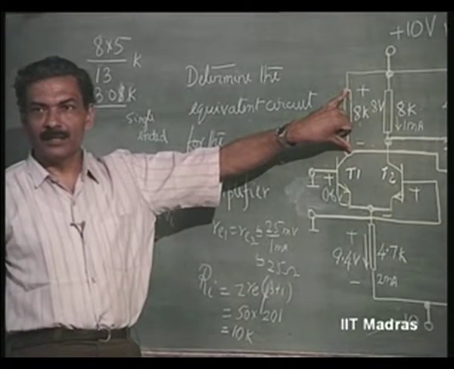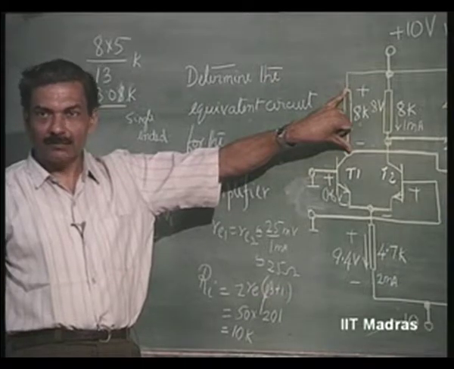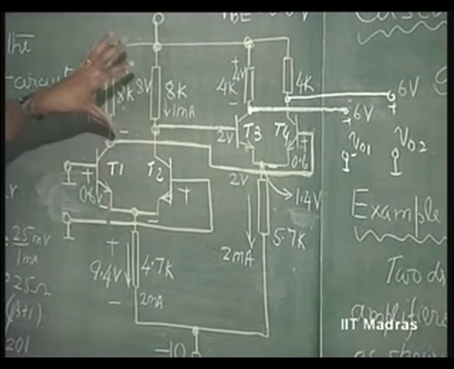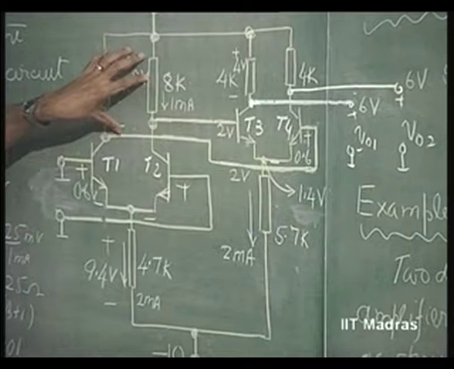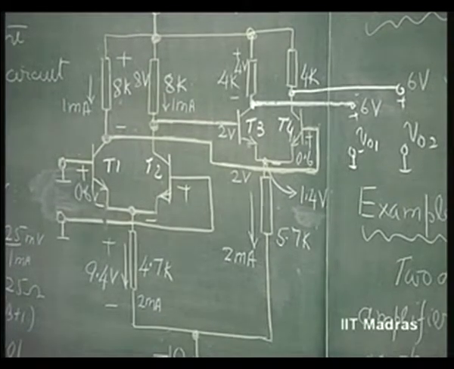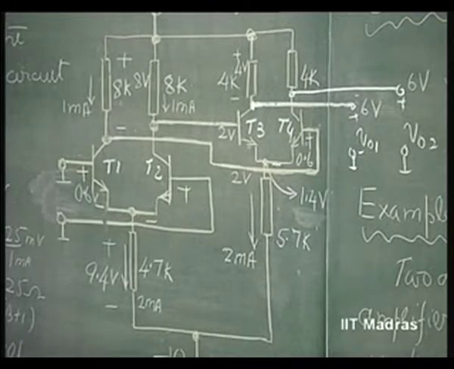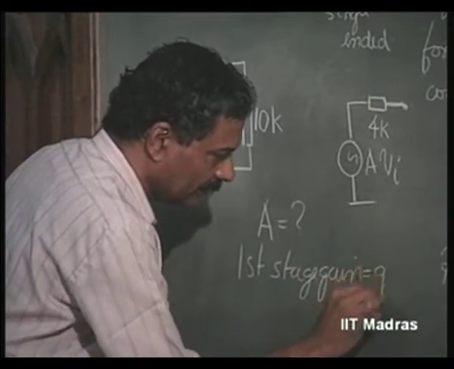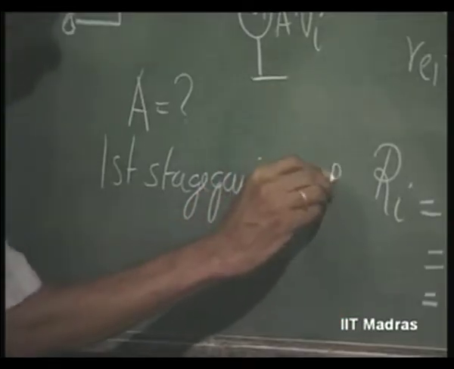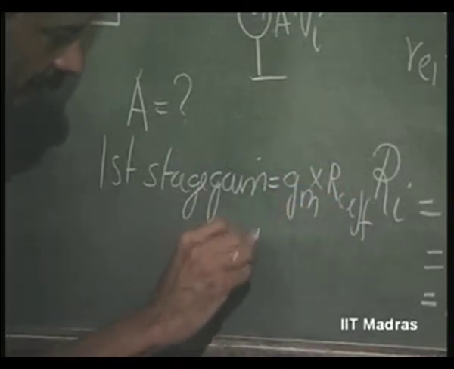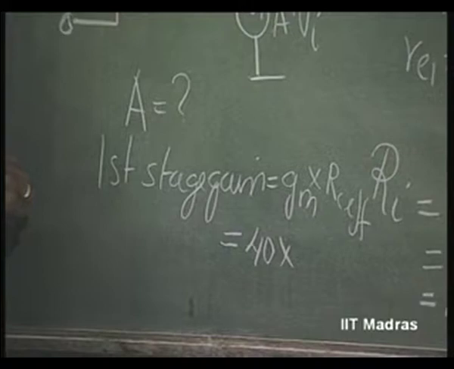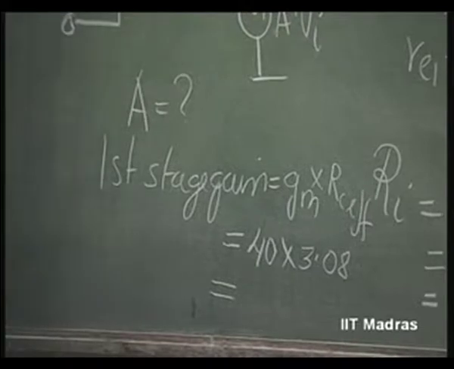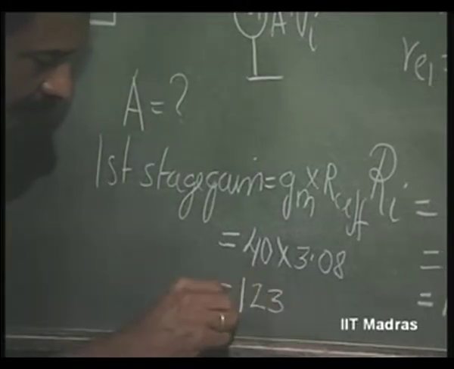GM is already 1 over RE, which is 40 millisiemens for this transistor, 40 GM into effective RC, 40 into 3.08K. So, the first stage gain is going to be GM into RC effective, which is 40 millisiemens into 3.08, 123.